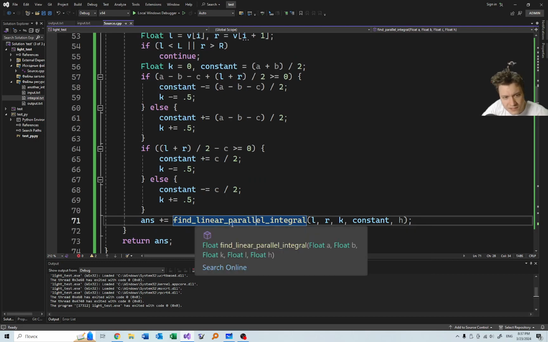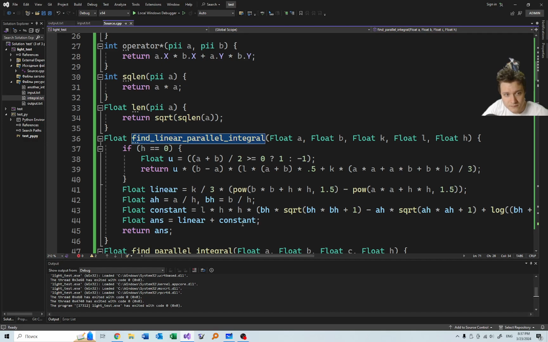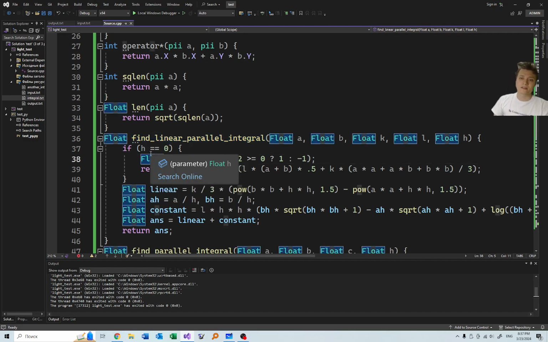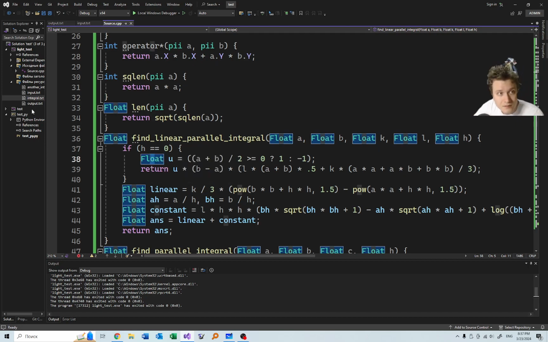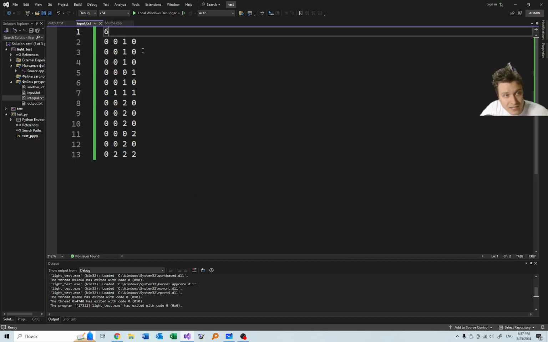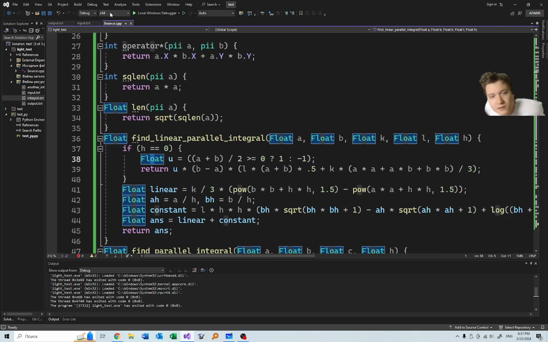What is find linear parallel integral? Ah, no, I have a formula, but it is incorrect, it seems. Yeah, sometimes I have such an integral. So I have h equals 0.